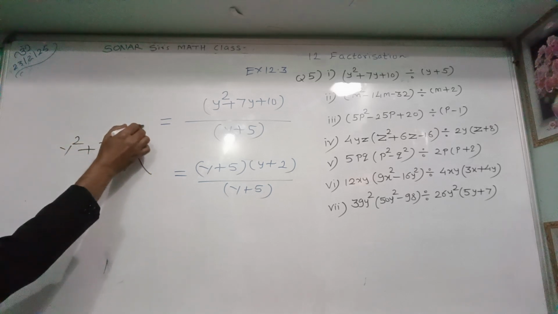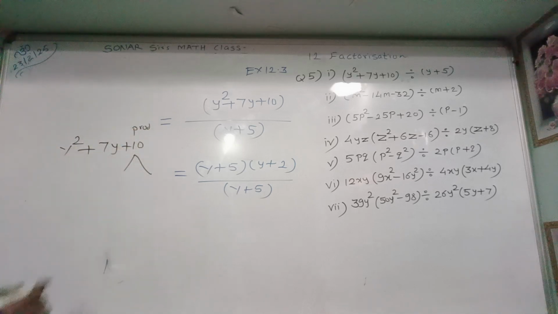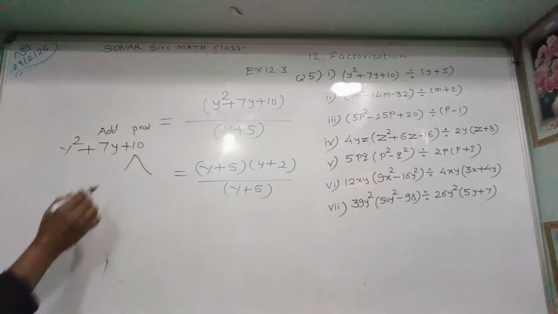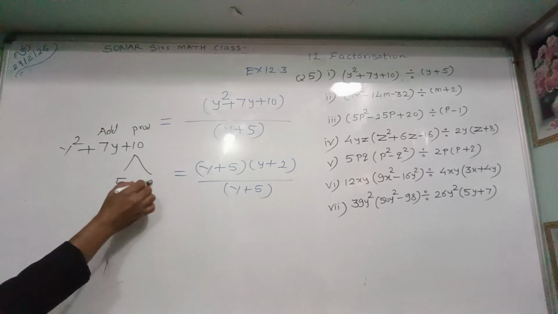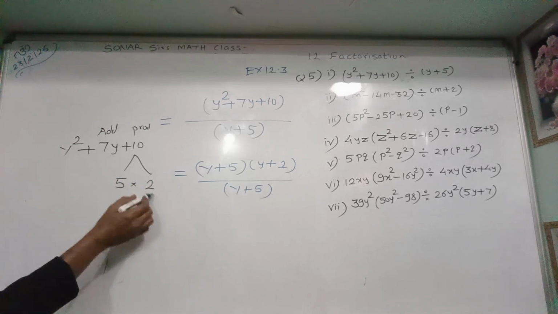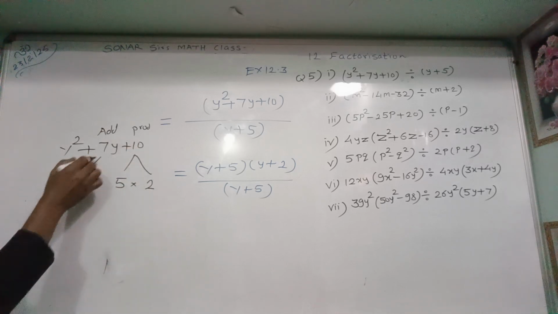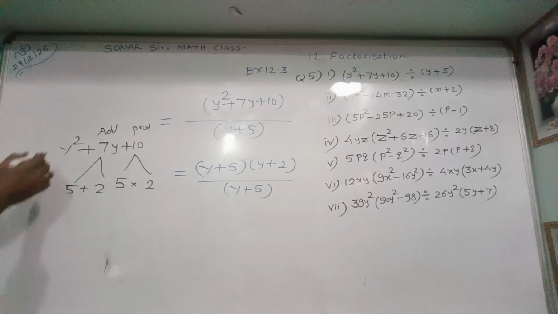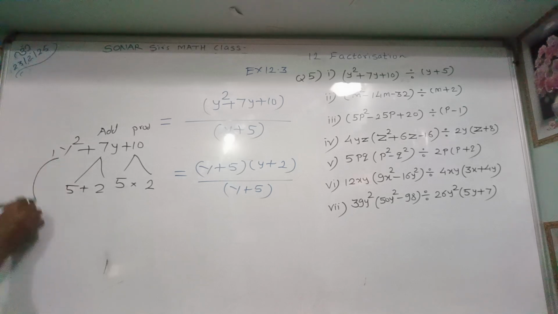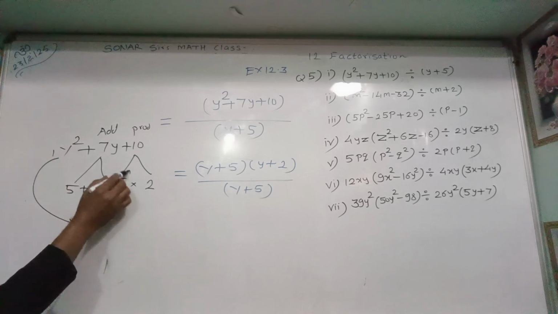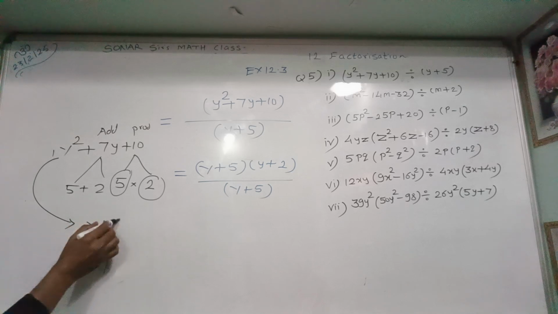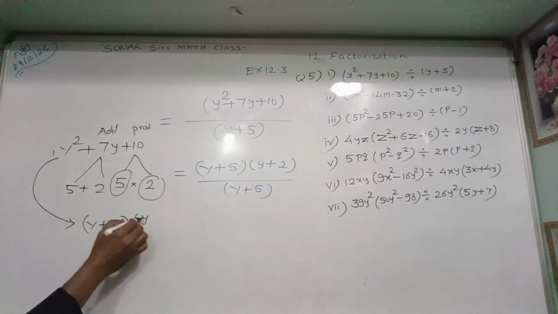So we want product as 10 and addition as 7. So 5 into 2: 5 twos are 10, and 5 plus 2 is 7. As the coefficient of y square is 1, we can directly write down the factors as y plus 5 in one bracket and y plus 2 in another bracket.